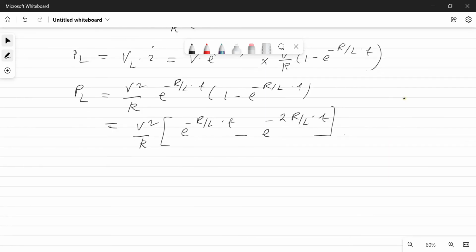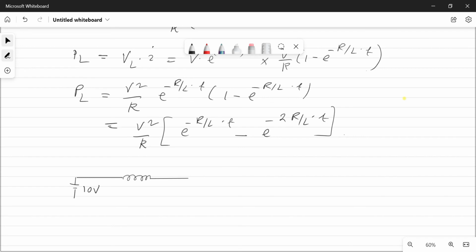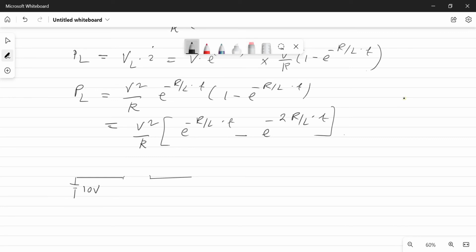Now see this example. The voltage source is 10 volt, connected to an inductor and a resistor.